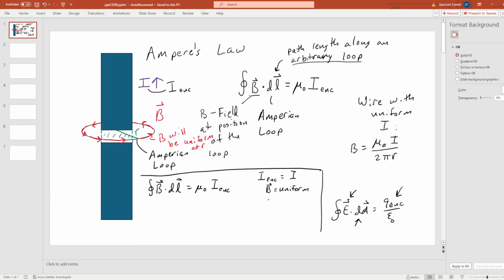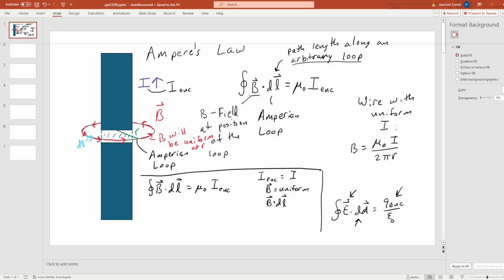So B dot dl, notice that a little tiny dl, let's use light blue, is also along my Amperian loop, and you'll notice that it is instantaneously parallel with the magnetic field.